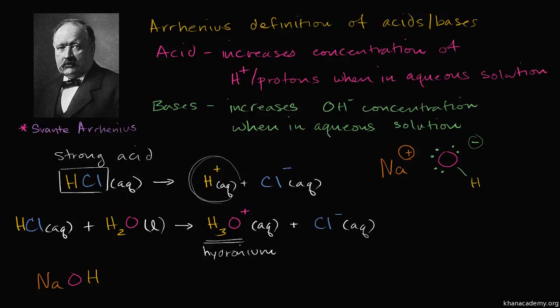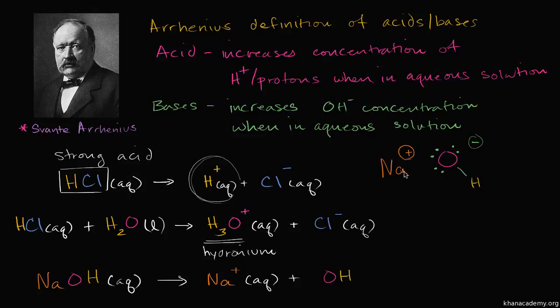But anyway, you throw some sodium hydroxide into an aqueous solution, it will dissociate into sodium ions with their positive charge, still in aqueous solution, and then you're going to have the hydroxide anion.